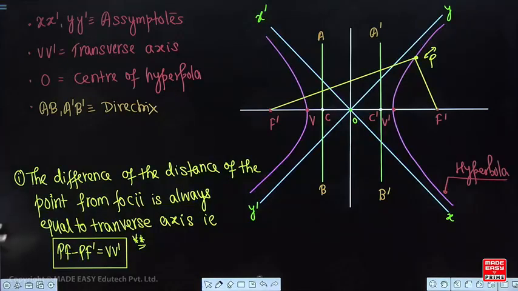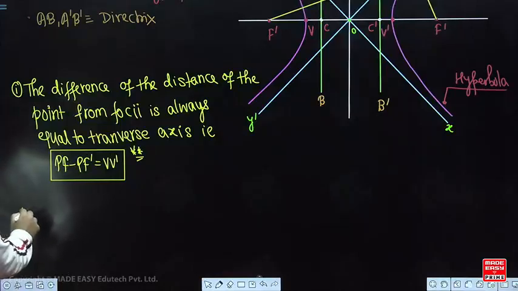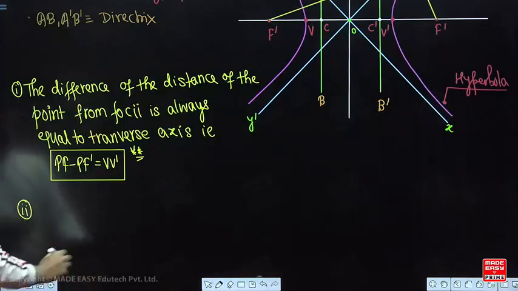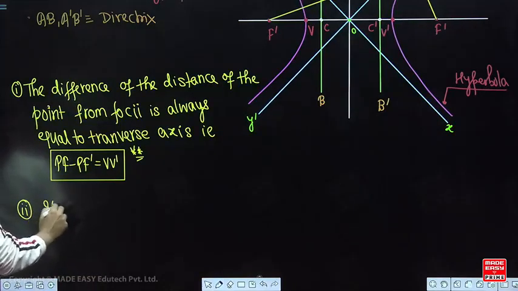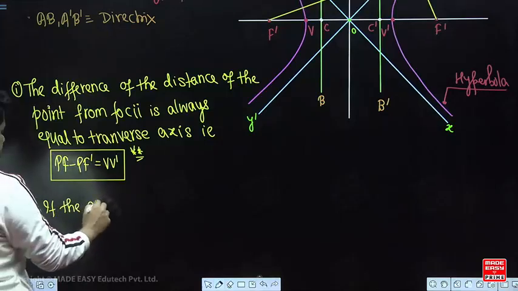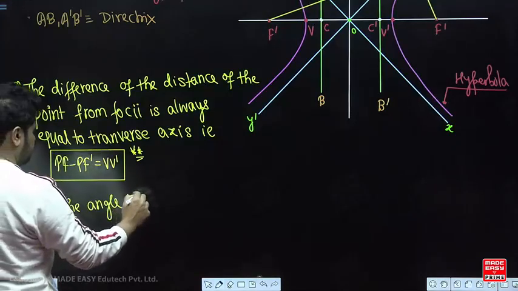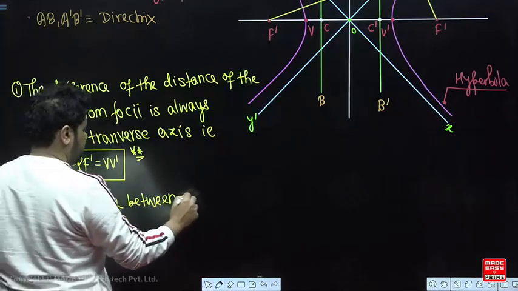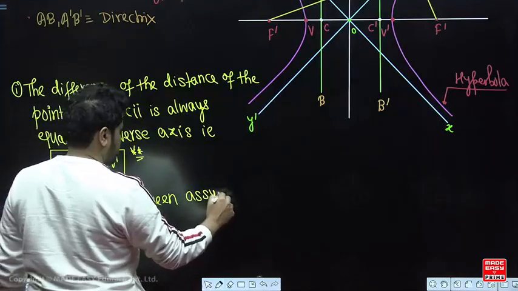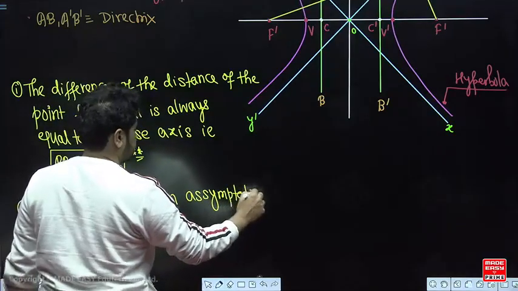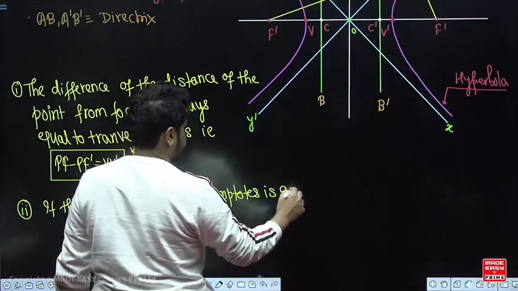Done? Okay. Second point. If the angle between asymptotes is 90 degree, correct?